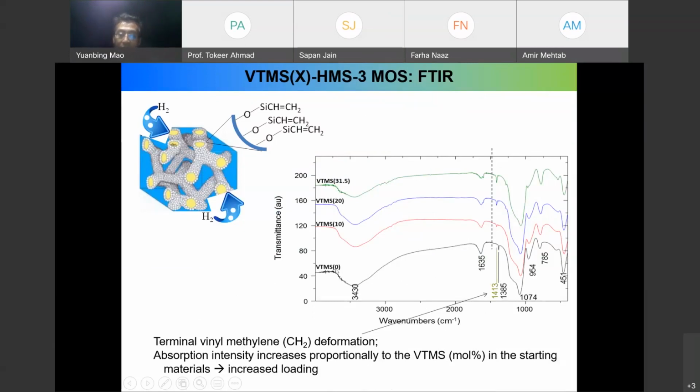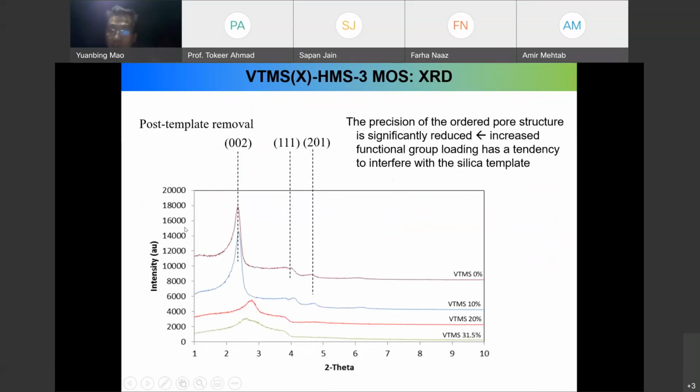With the increasing amount of the VTMS, we can see this peak is getting stronger and stronger. So that tells us that there is more VTMS in the formed porous materials, and we can remove the template as well, right?